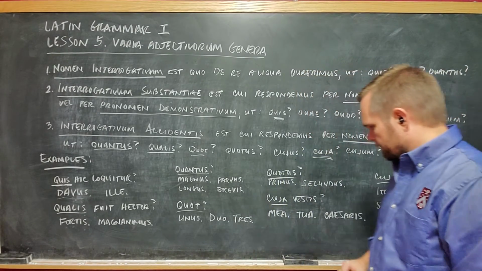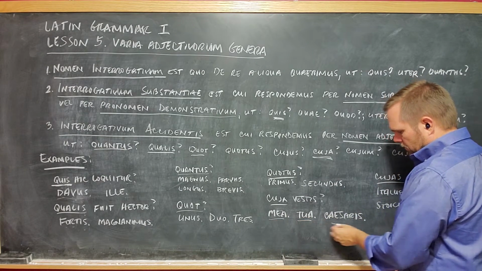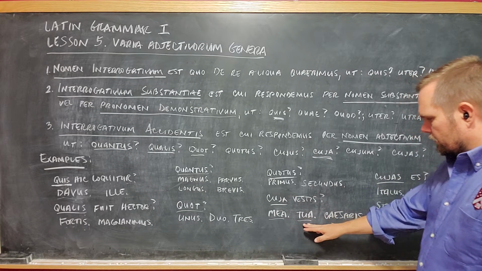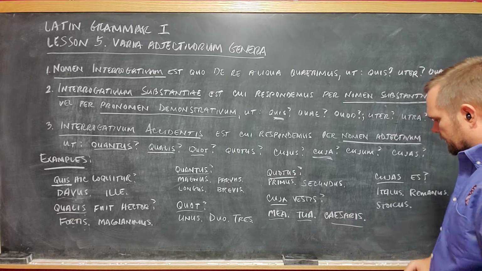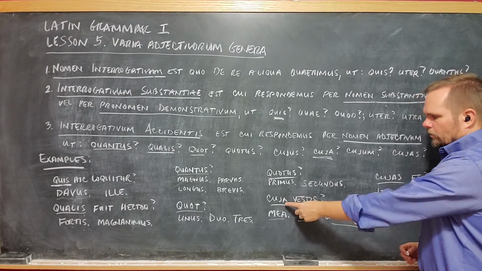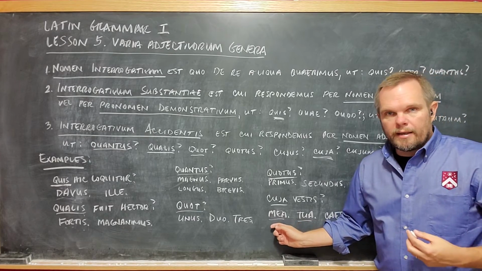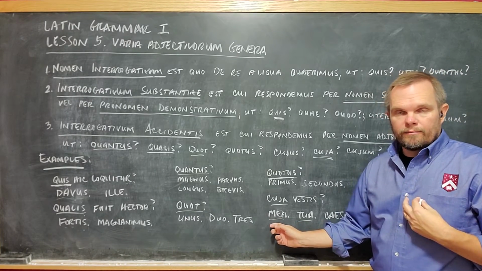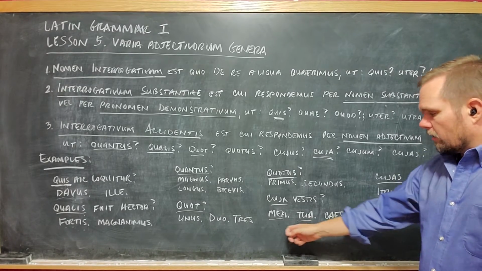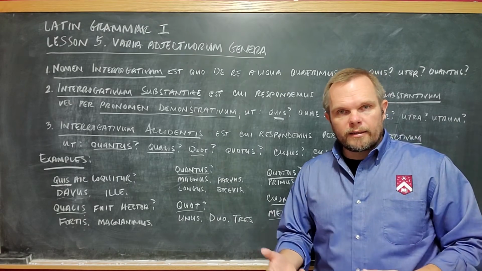Whose clothing. And then we have examples of two pronouns and one substantive noun in a genitive case as an answer. So whose clothing is this? The answer could be mea, mine. Or it could be tua, yours. Now, mea and tua are pronouns, but they act like adjectives.